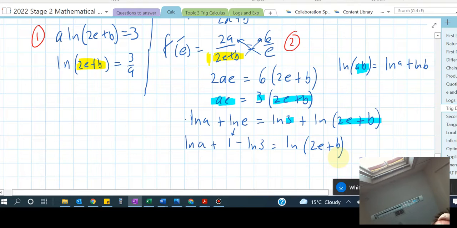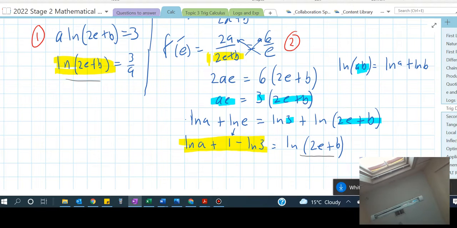All right, then I make the substitution. Basically, I pull this entire thing out and replace it with this. The reason I can do that is because this and this are the same, therefore I can equate the other sides.